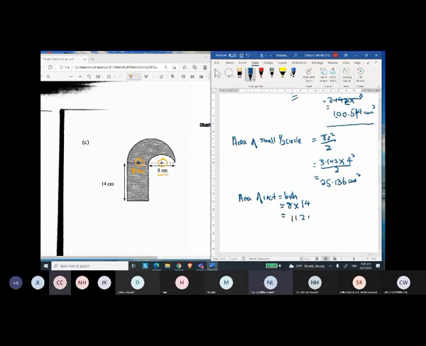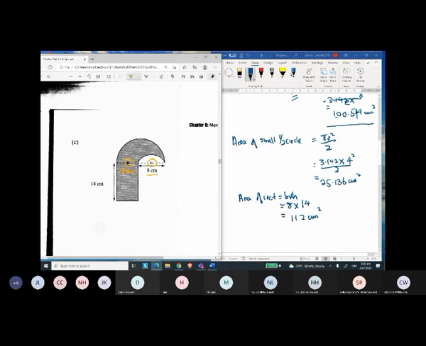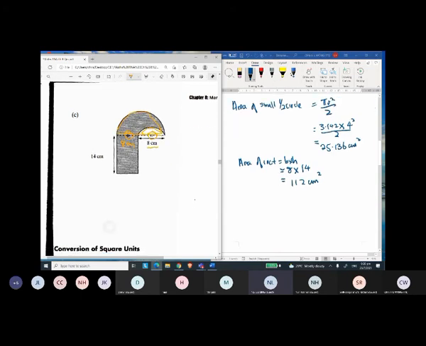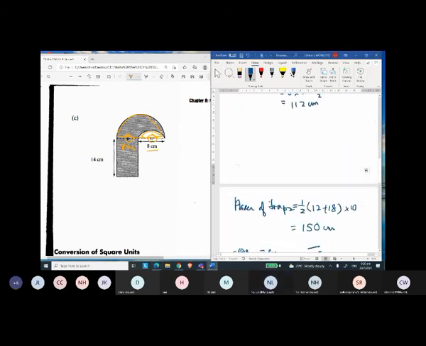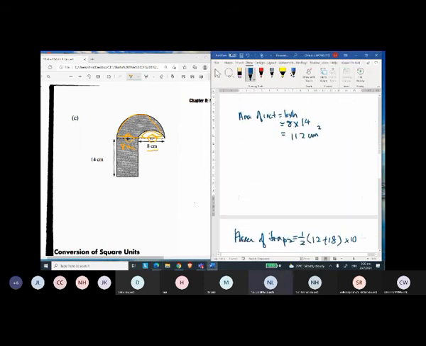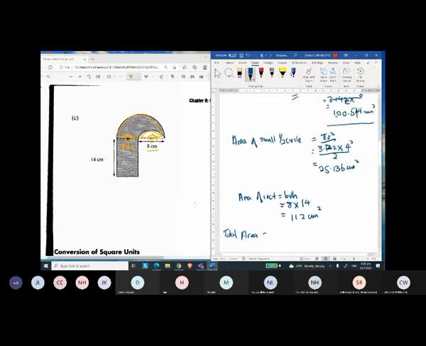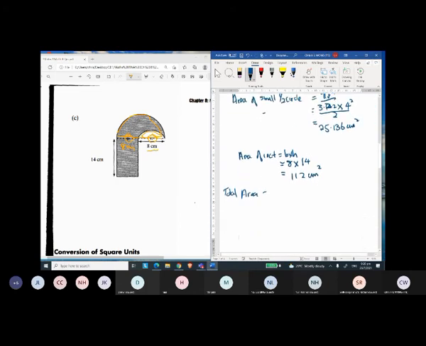112 cm square. So all right, now find the total area. The total area will be the big circle minus the small one, right? Area of the big circle is 100.544.